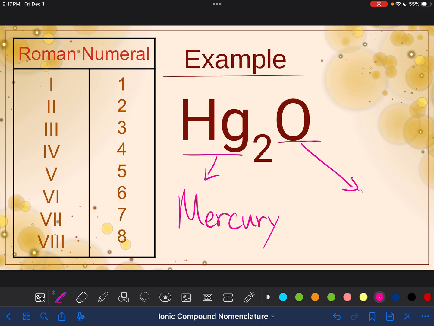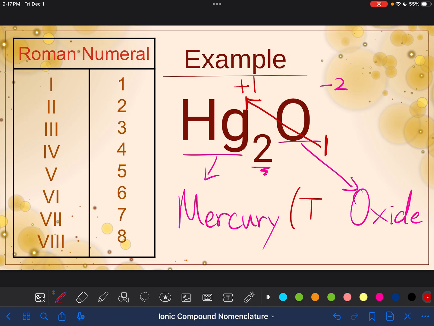O is oxide. We already know oxygen has a -2 charge, which actually makes sense. And we have an invisible 1 here, which means mercury in this case has a +1 charge and a Roman numeral I. There you go.